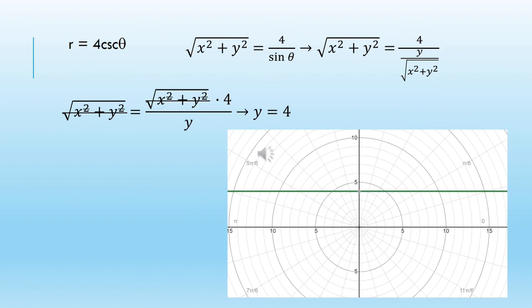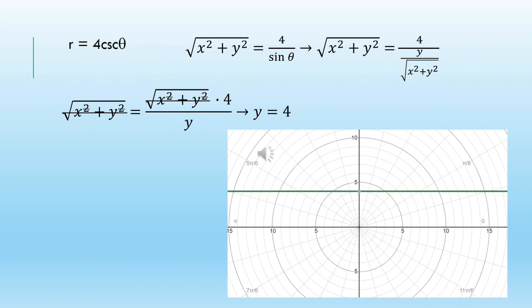That gives me 1 on the left side. So 1 equals 4 over y, which is the same as 1 times y equals 4. So r equals 4 cosecant theta ends up just being the horizontal line y equals 4.